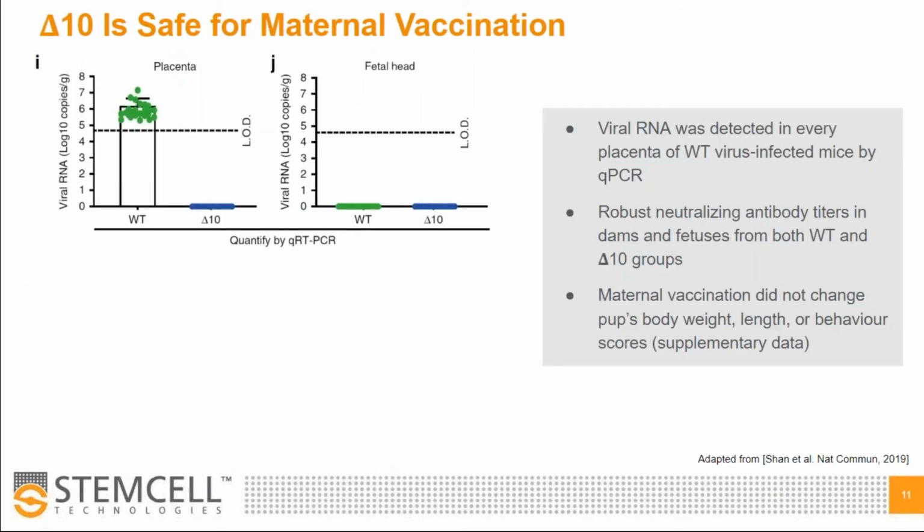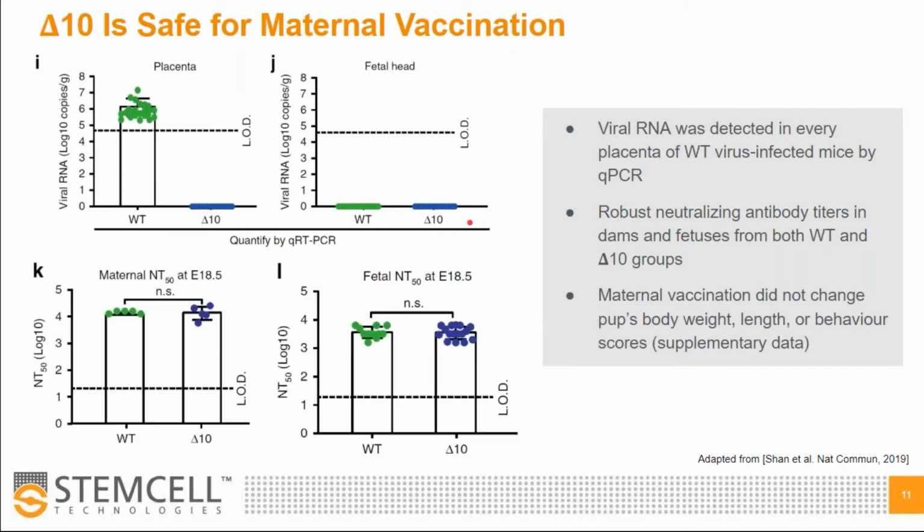When they used the more sensitive qPCR assay to look for viral RNA, they saw that viral RNA was present in every placenta of the wild-type infected virus mice, as you can see in the graph on the left, whereas none of the delta 10 vaccinated mice had viral RNA in their placenta. And in neither of the groups, they were able to detect any viral RNA in the fetal head.